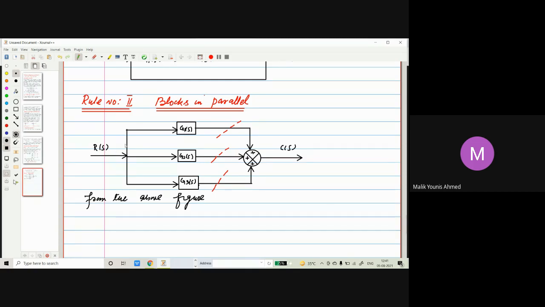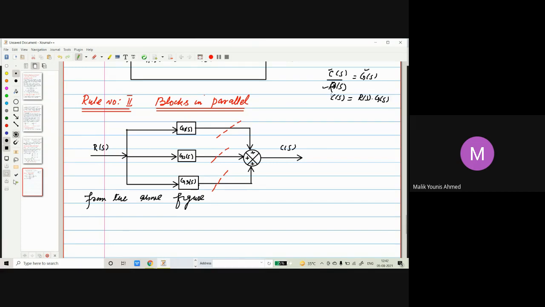Output divided by input is equal to the transfer function. Output by input, R of S, is your transfer function G of S. You know this, you know the input, you don't know this output. So your output at any stage should be equal to input times transfer function.